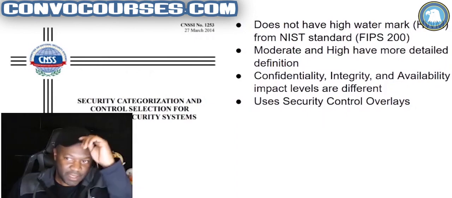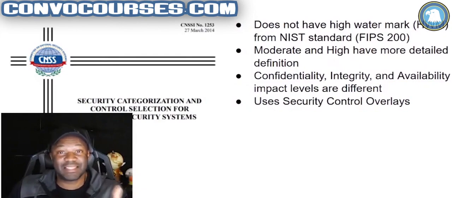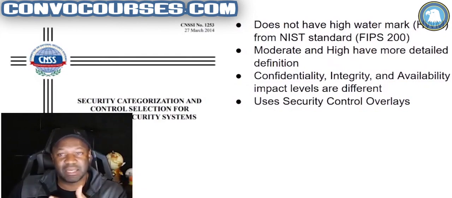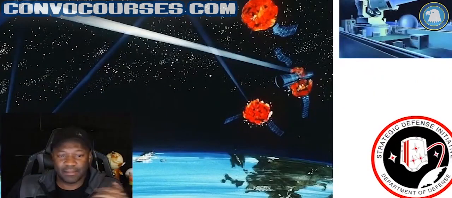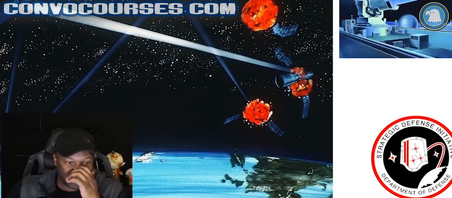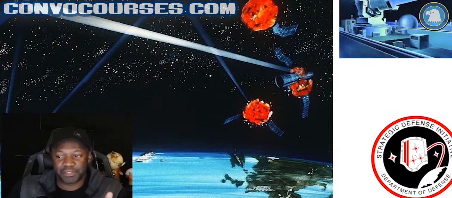They have some kind of system that does this for them, and that system has to go through authorization and assessments. That's not necessarily a national security system. But a system that might be a national security system would be, like I said, a space-based laser. It's a weapon system, it has encryption, it's tied directly to the national interest of the United States, things like that.